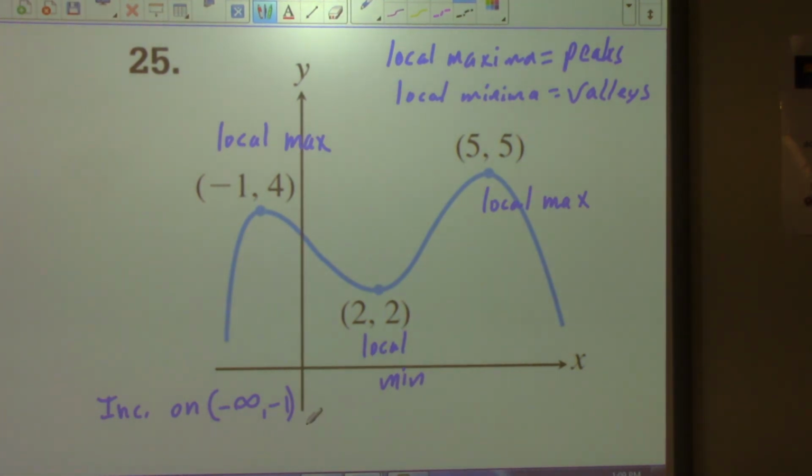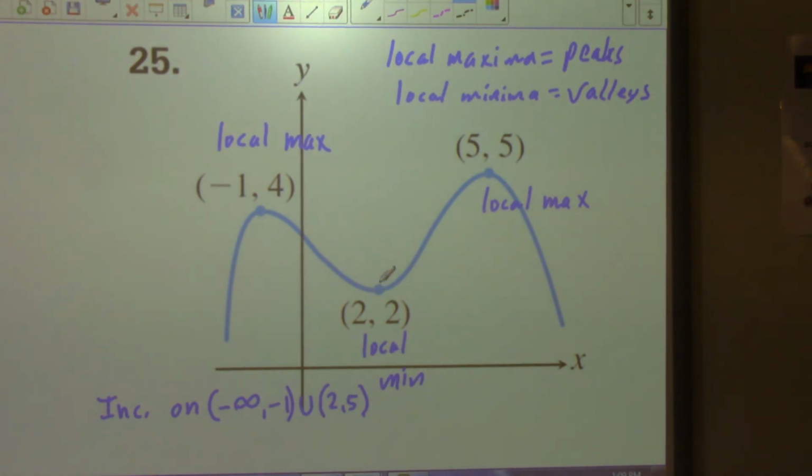Where else is the function increasing? 2 to 5. So increasing from x equals 2 to x equals 5, right? Now, I put parentheses here. Could I use brackets instead? Yes. I can't use brackets with the negative infinity, but I could possibly use brackets elsewhere.